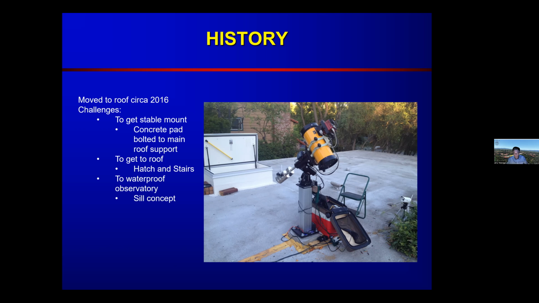You can see it's a foam roof, so it's like a rock. And I put on this thing, the pier is made by PierTech, which raises and lowers the scope. You'll see the roll-off roof that this is attached to in a few seconds. But I put this up there, and I was just saying my prayers, because I had no idea whether this thing was going to work or not.